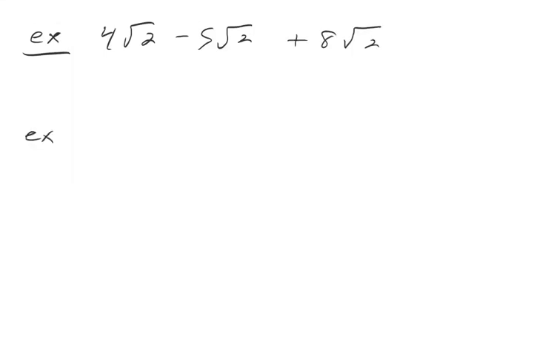Let me have you try a couple. So we will do 4 root 2 minus 5 root 2 plus 8 root 2. And then we'll try another example, which is square root of 50 minus square root of 18.